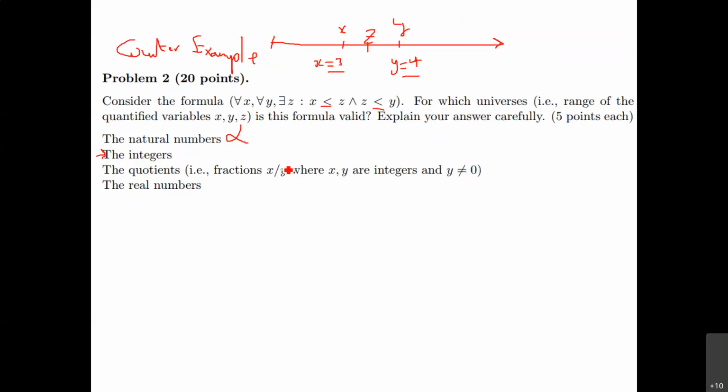Okay, I'm seeing 2 no's. Great, but can you give me a counterexample, like why it wouldn't work? Like how I did it for the natural numbers, I said 3 and 4. Why wouldn't it work for the integers?